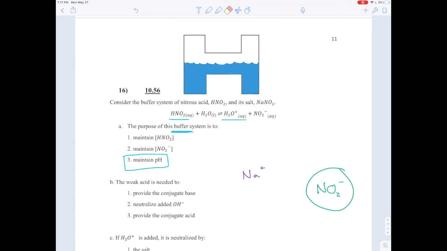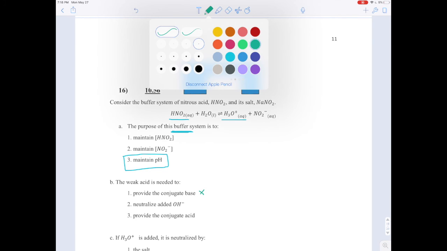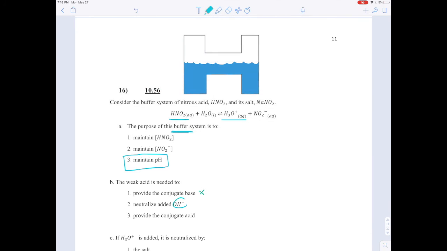So it's the salt that really produces that conjugate base, the NO2 minus. So it's not this first one. Now, any acid can neutralize a base. What we have here is a base, and so the acid can definitely neutralize that.